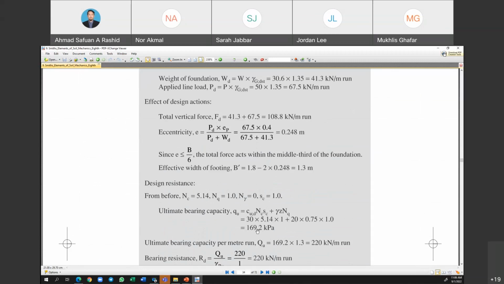NC is 5.14 times SC 1, so we obtain 162.3 as the ultimate bearing capacity per meter run. Then we may determine it based on the stress times the new B prime. The B prime is 1.3, so we obtain 220.